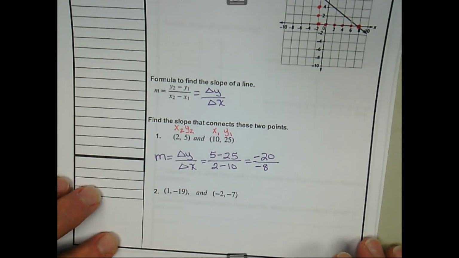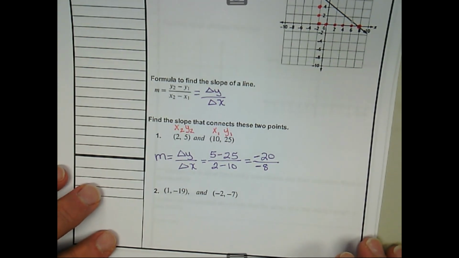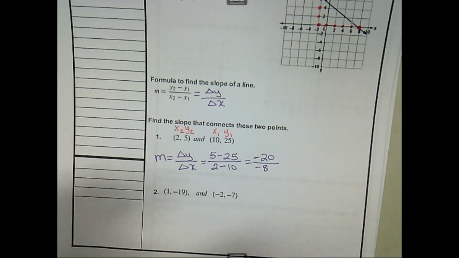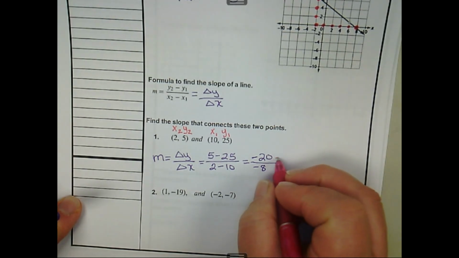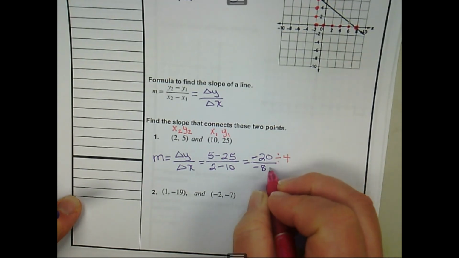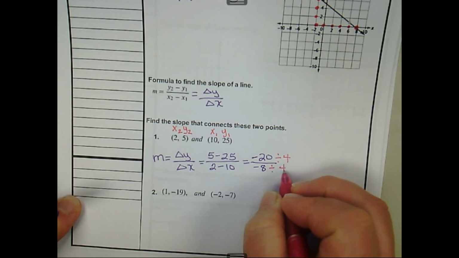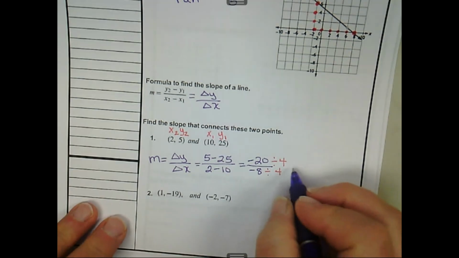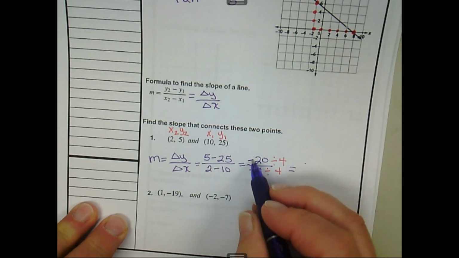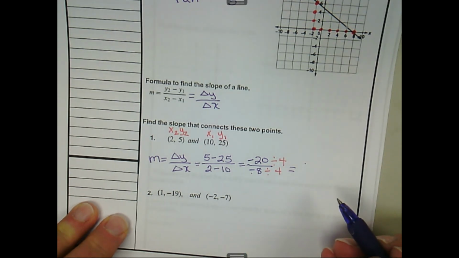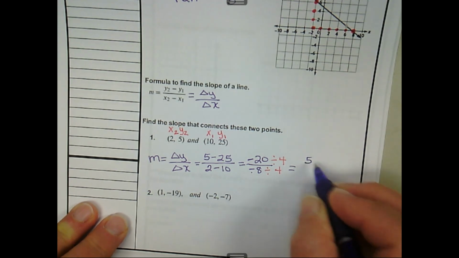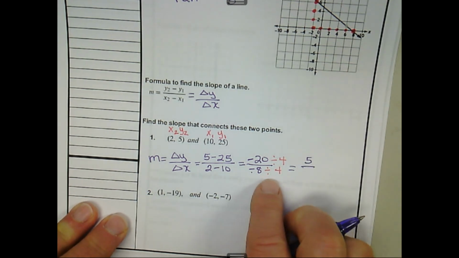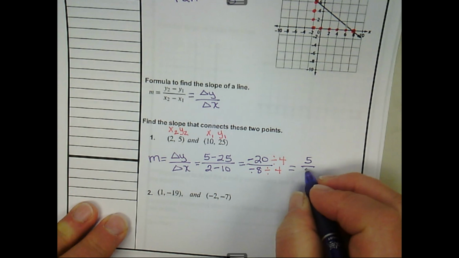Okay, it's a fraction. As with all fractions, if you can simplify, you have to do that. So I know that both of them have a factor of 4. So I'm going to divide the top by 4, and I'm going to divide the bottom by 4. Negative divided by negative is a positive. 20 divided by 4 is 5. 8 divided by 4 is 2.